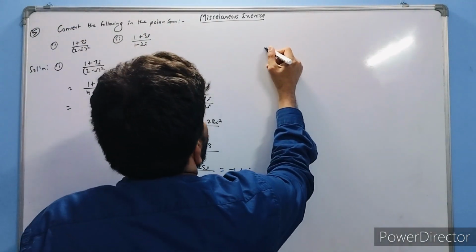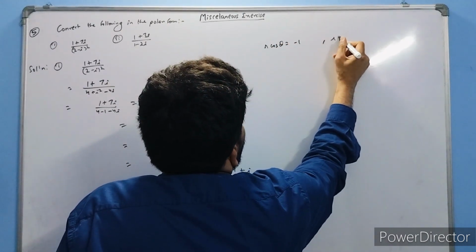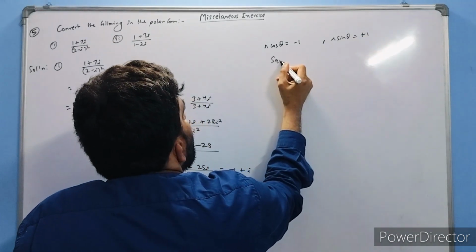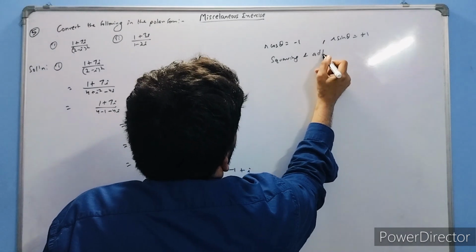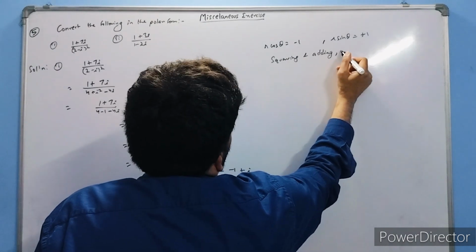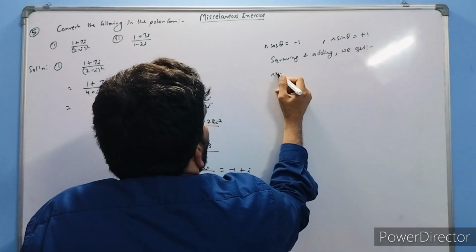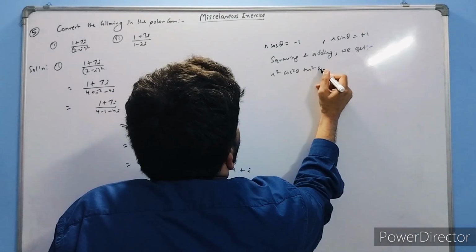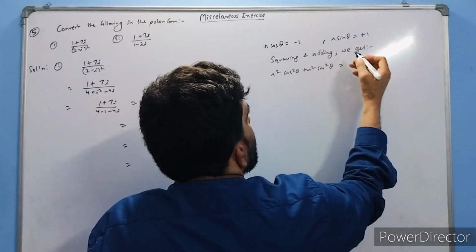So now we need to convert it in the polar form. How? We know that r cos theta will be minus 1 and r sin theta will be plus 1. Squaring and adding will be my next step. Let us see. r square cos square theta plus r square sin square theta will be 1 square plus 1 square, that is 2.